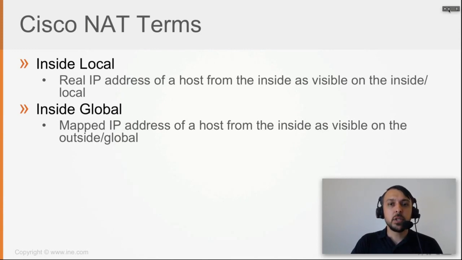But again, remember that the LAN should have been your inside NAT interface. That's how they designed it to begin with. And the internet is the outside or the global, because facing the internet, you're facing the global network. So that's how you should look at the local term, local meaning the LAN side, and the global term meaning the internet, everything else which doesn't belong to your company.